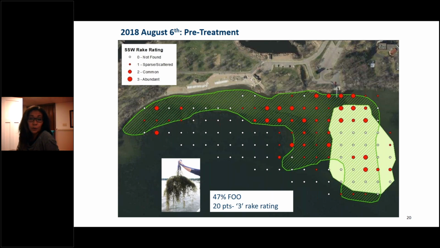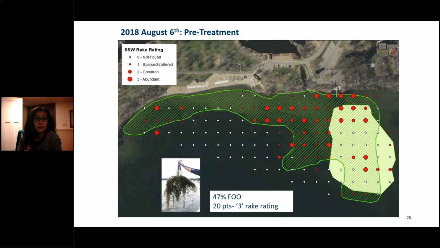So this map you see in front of you shows the spatial locations as well as the abundance, on a 0 to 3 scale, 0 meaning none, 3 meaning a heck of a lot, of starry stonewort prior to any treatment. So this is our initial starting point here.